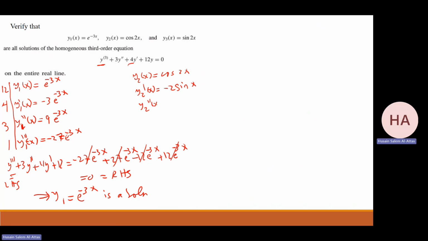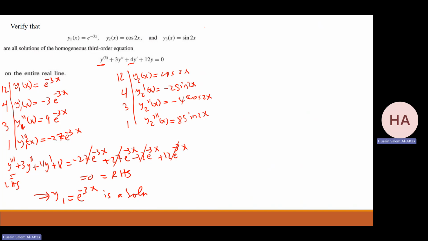Y2 double prime will be minus 4 cosine 2x. Y2 triple prime, that will be 8 sine 2x. I'll do the same: multiply this by 1, this by 3, this by 4, this by 12. And see what will happen.